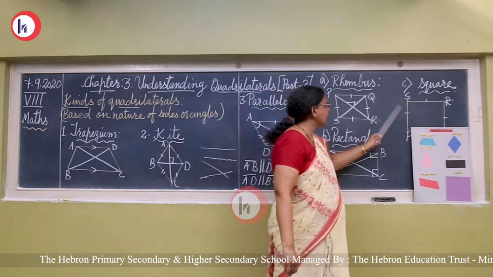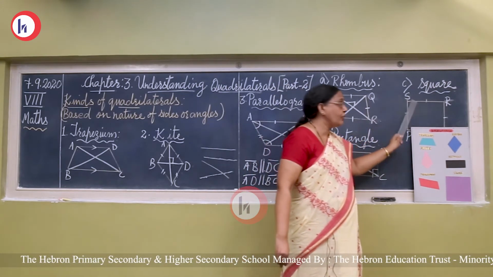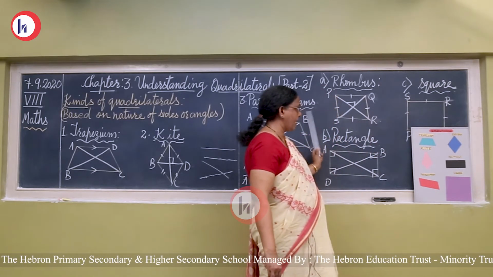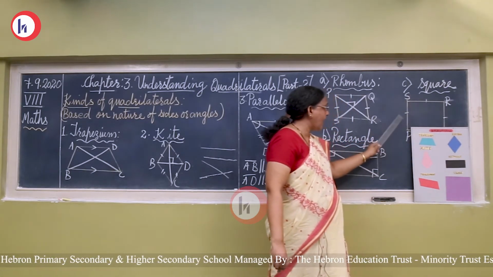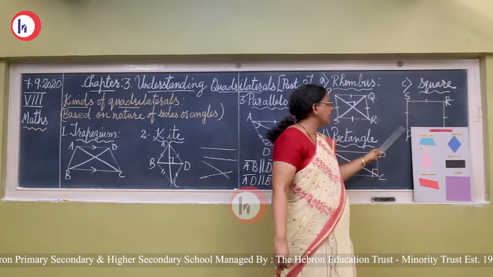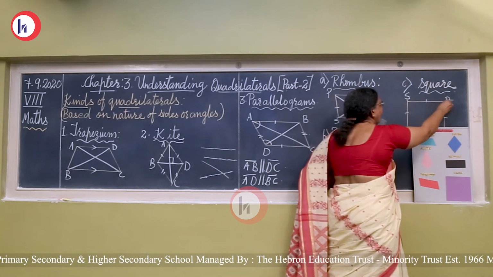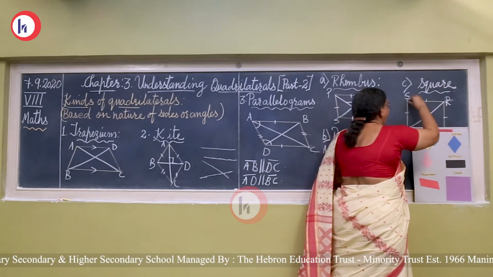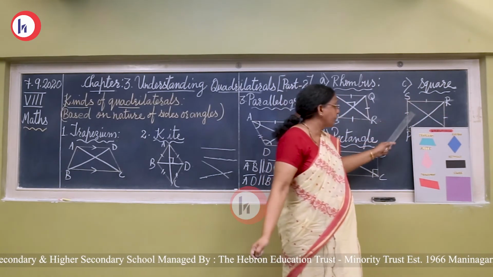Now, the last one is the square. A square is also a quadrilateral that comes under the parallelogram, and all its sides are equal. Opposite sides are always parallel, all the angles are right angles, and the diagonals are of equal length.